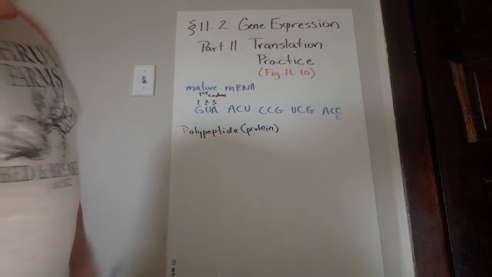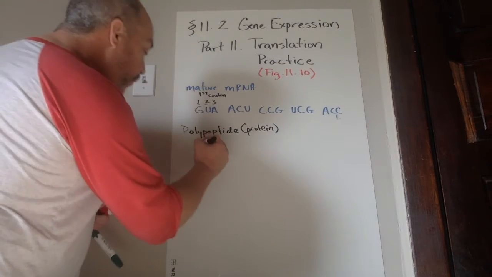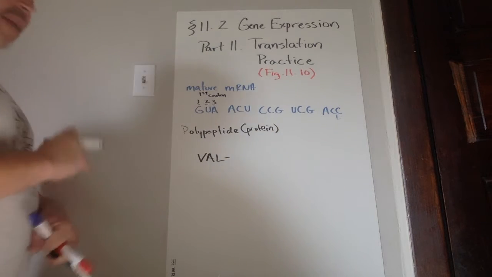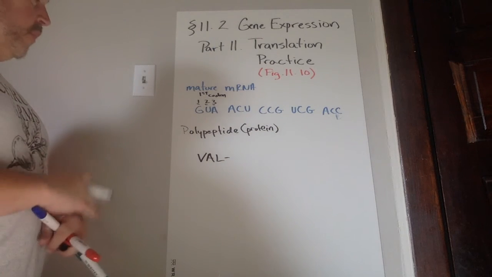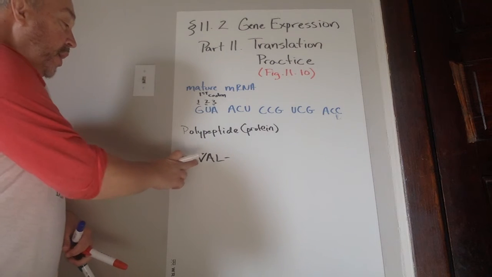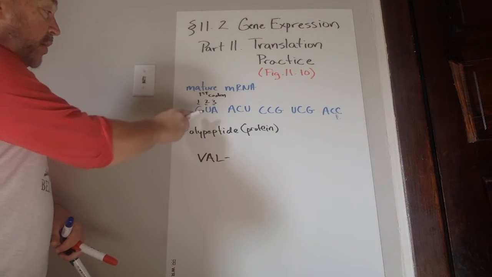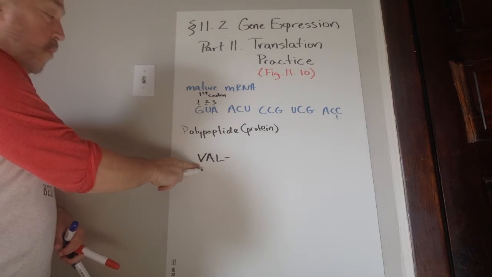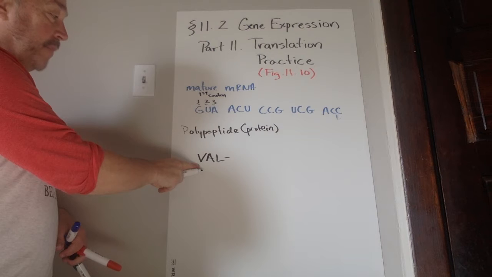And GUA is going to code for the amino acid valine. You don't have to memorize this chart, and you don't need to know the entire name. You just need to know that this codon is going to bring over this amino acid.